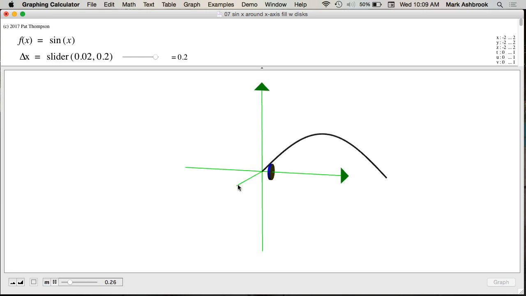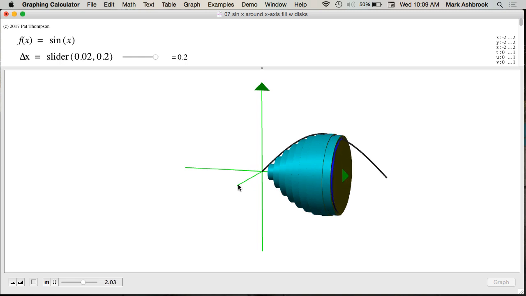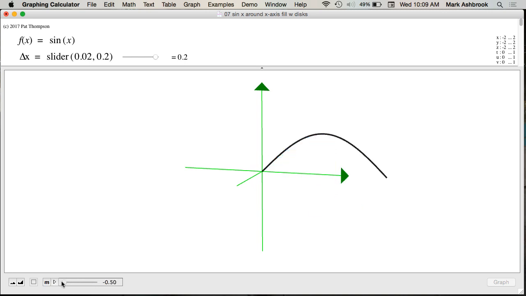Here they come. So here my delta x is 0.2, and for every delta x interval of 0.2, the current interval is going to fill up with a right cylinder until I get the whole football filled up. Once again, watch it.